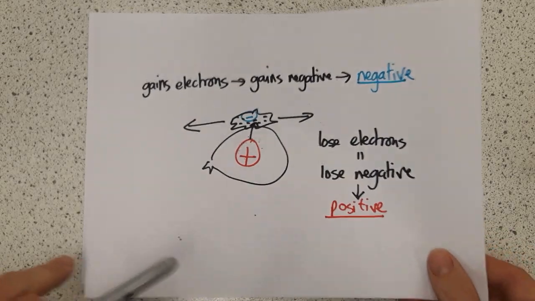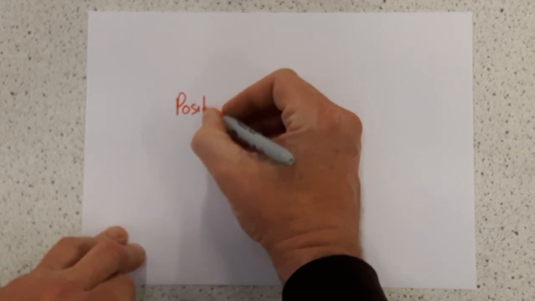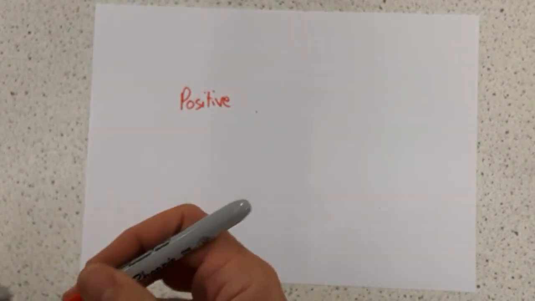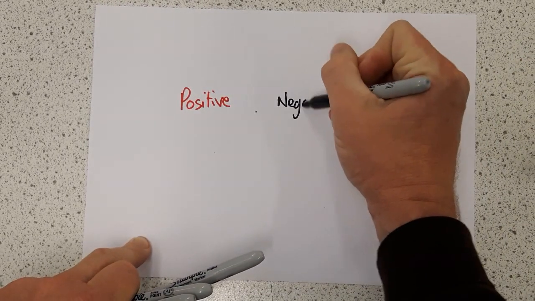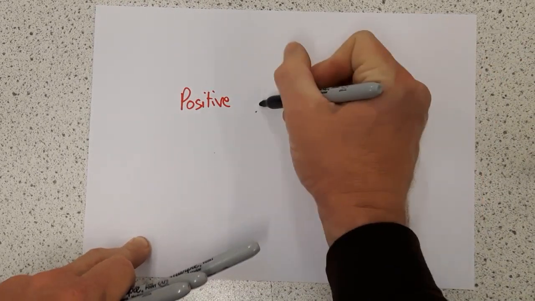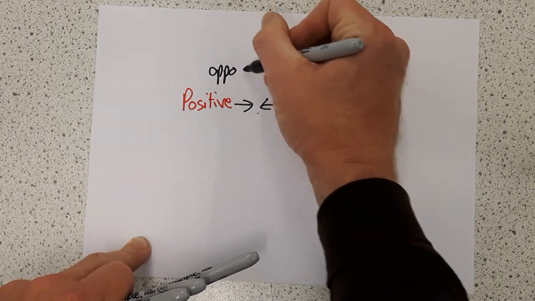Now, because of the way that we have defined positive and negative, we have this situation where positive and negative will attract towards each other. So opposites attract in this case.